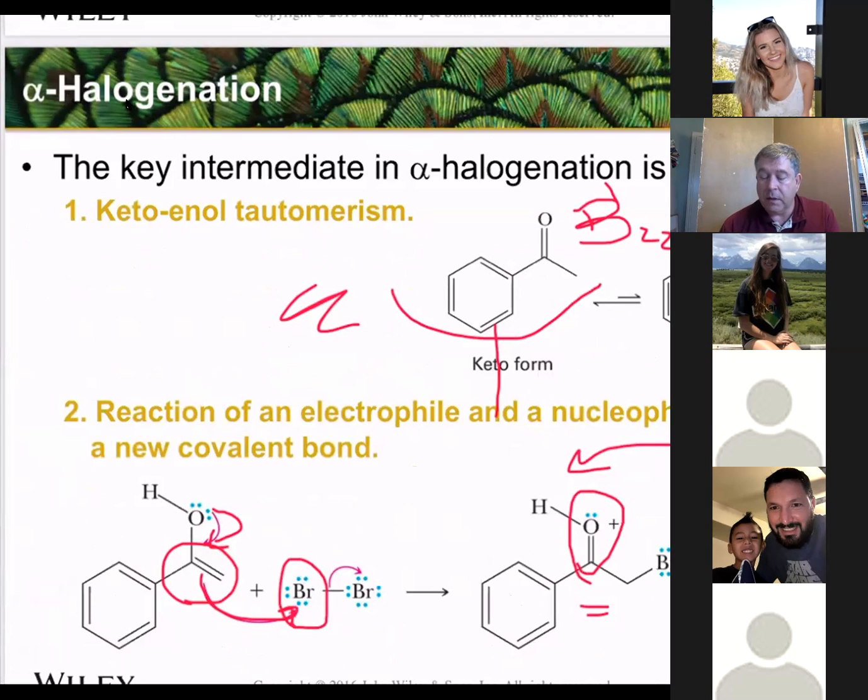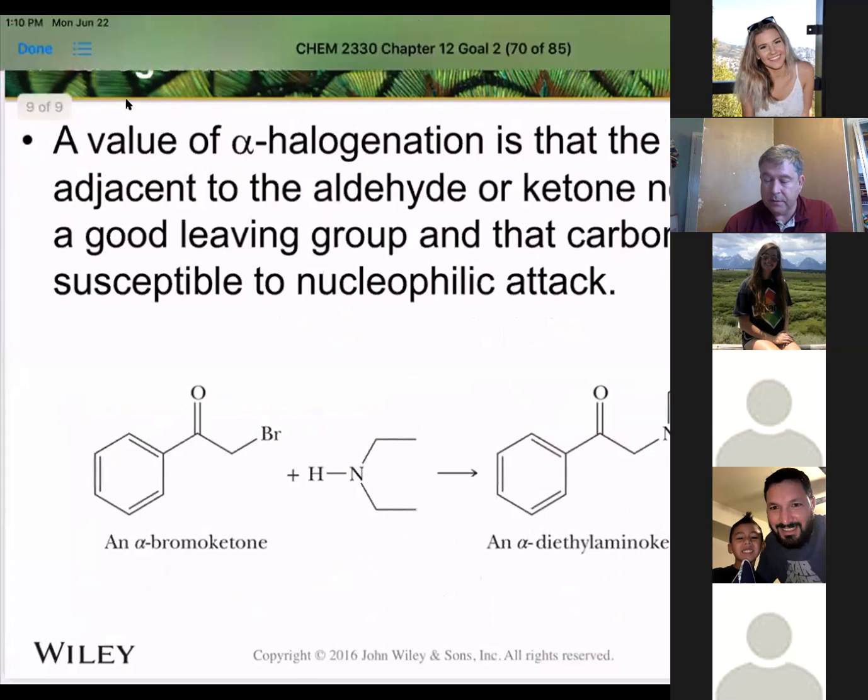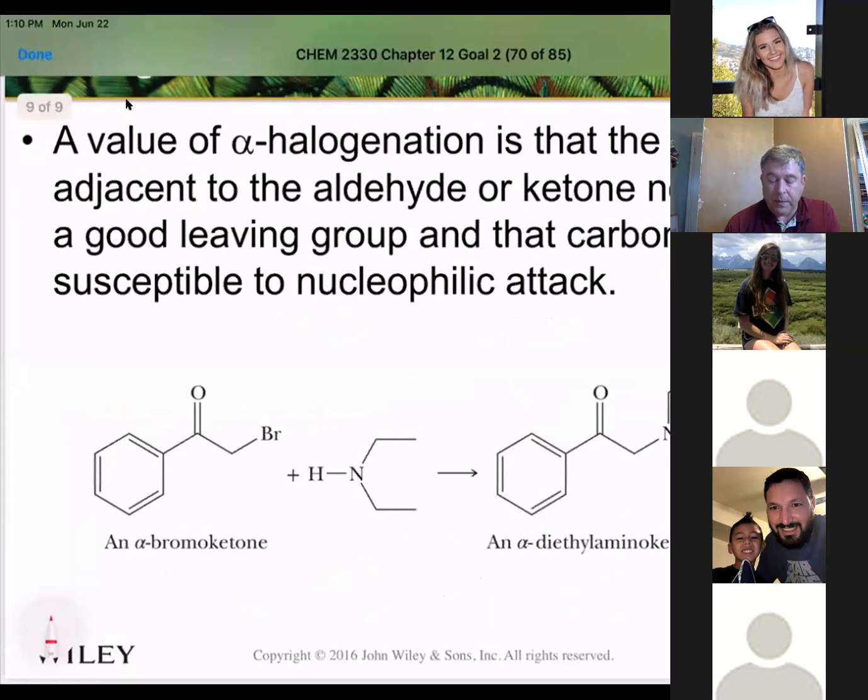Now we can use this to our advantage to create new molecules. Once we brominate that position next to the ring, we can use some kind of nucleophile to do substitution at that center right next to the carbonyl.